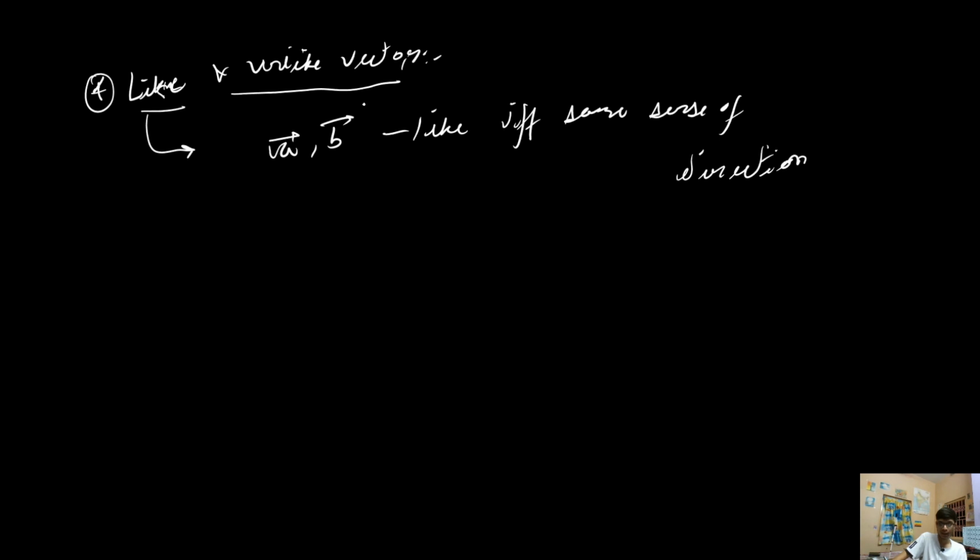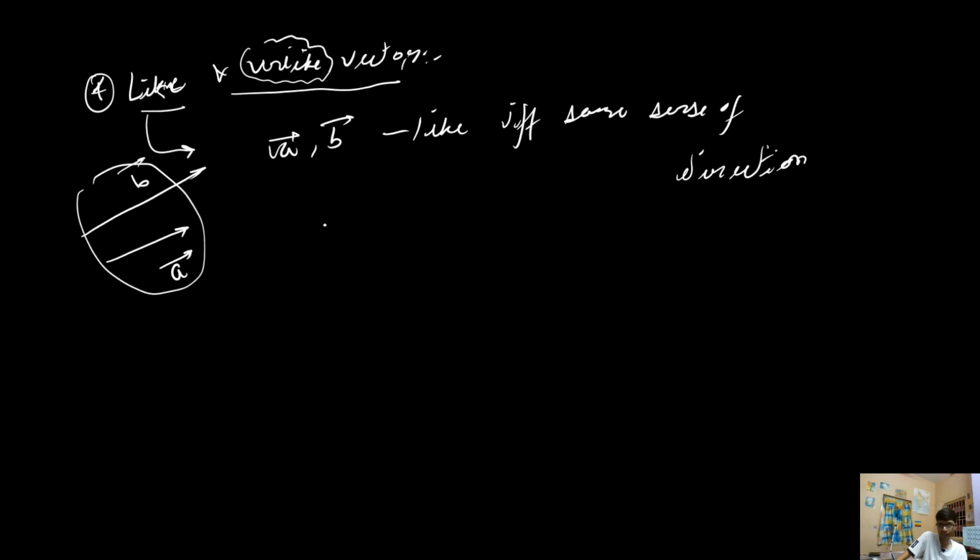Unlike vectors have opposite sense of direction. If b vector is in the direction of a vector, they are like vectors. If the b vector is in the opposite direction to a, then it is an unlike vector.